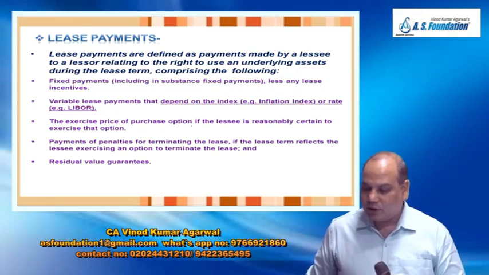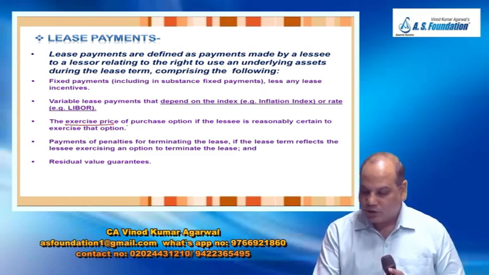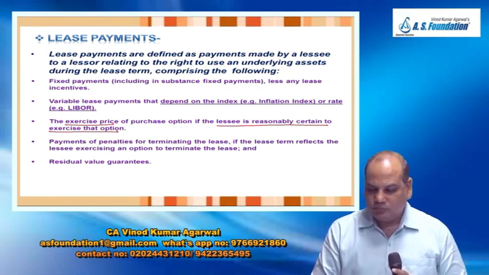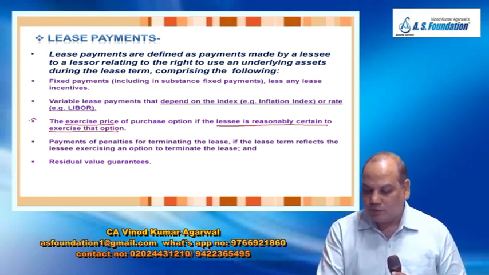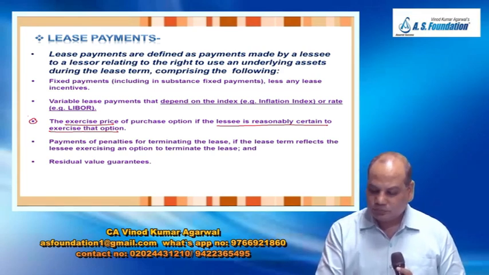The exercise price of purchase option, underline this, also you will add. Exercise price of purchase option if the lessee is reasonably certain to exercise that option. This is also a very regular feature in lease arrangements, especially long-term leases. They allow the lessee to use the asset for many years.